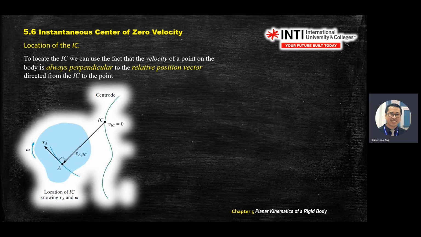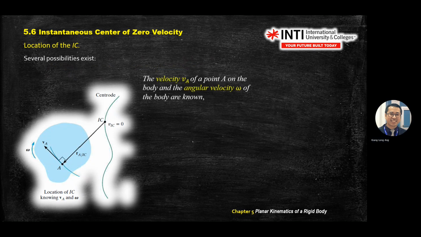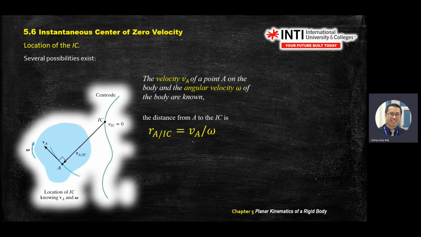When you look at the position to a point A, there's a velocity here. The particle is moving in circular motion, so VA is tangent, and the body is rotating this way. This one you read. This just tells you where the center is.